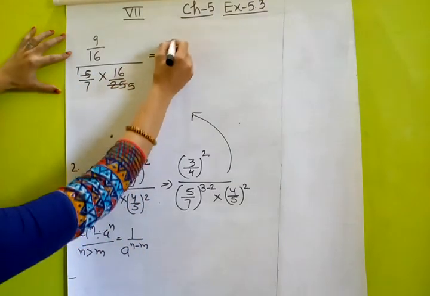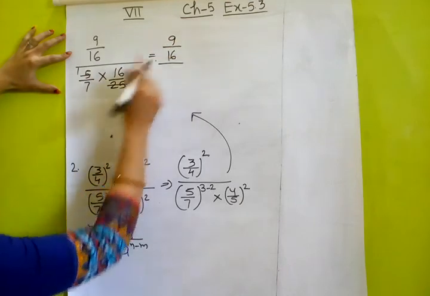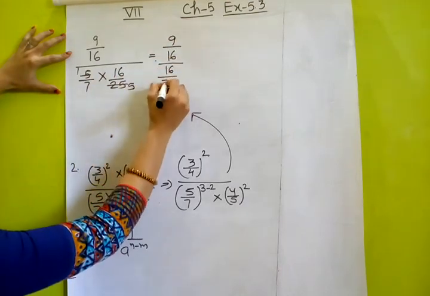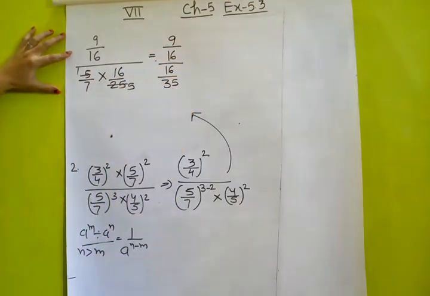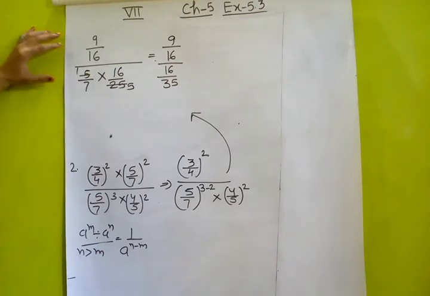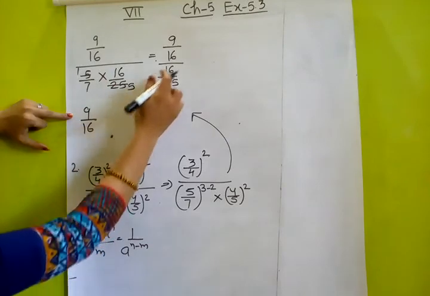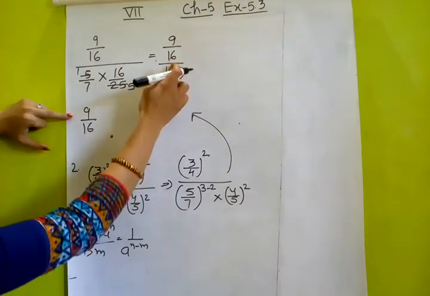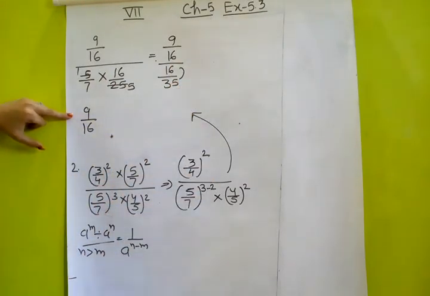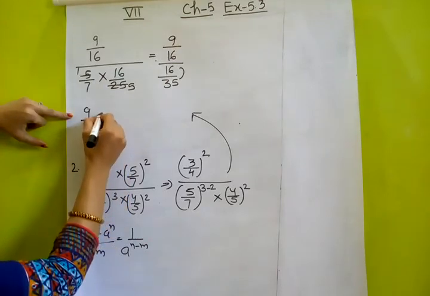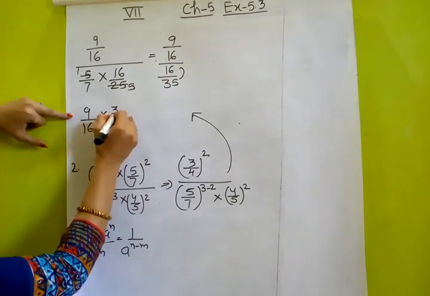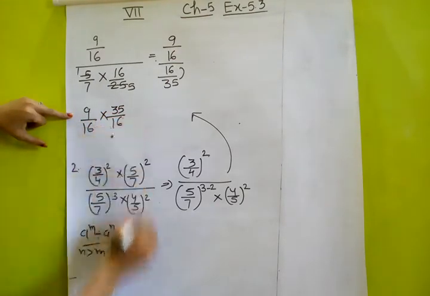Now upside students 9 upon 16 and downside students 16 upon 35 you can write. Okay students, now 9 upon 16 will come first, then this 16 upon 35 will come upside but in the form of reciprocal. So it will be 35 upon 16.